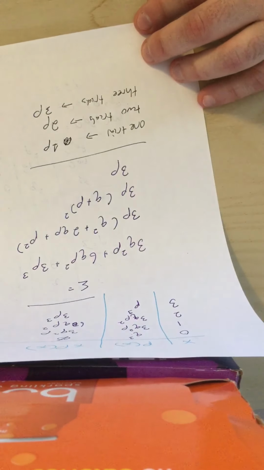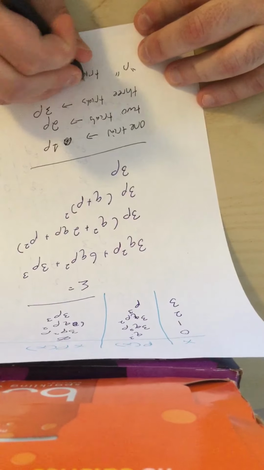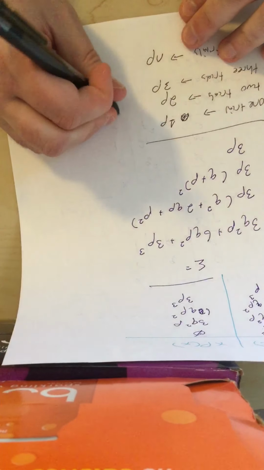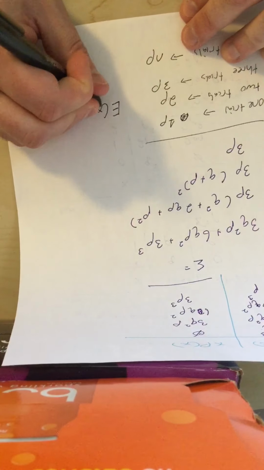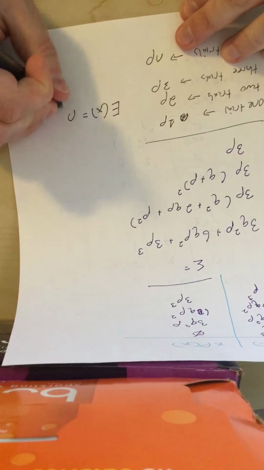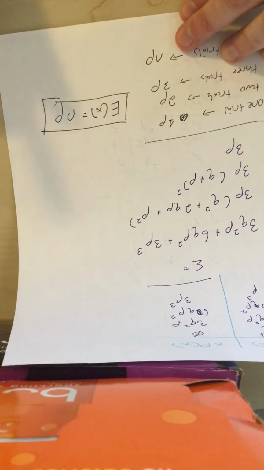And if you could guess, if we had n trials, it turns out that we would have np number of successes, which essentially is the formula. So the EX, which is the expected number of successes in a binomial distribution, is just equal to n times p.